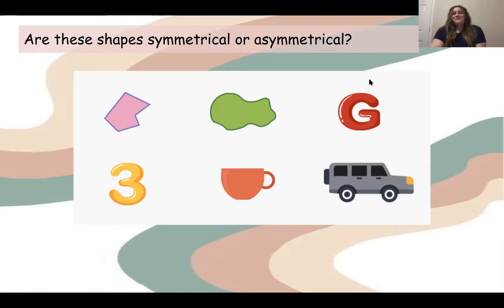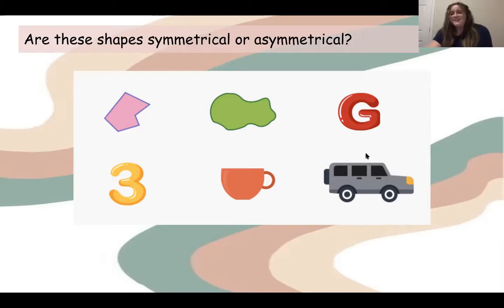All right, who wants to try with this G? All right, Winter, you want to try with this G? Do you think it's symmetrical or asymmetrical? You think it's asymmetrical? Why do you think it's asymmetrical? Because it doesn't have congruent sides whenever you use your imaginary marker. Good job. You guys are so awesome. Okay, the last picture. It's a truck, or it's not a truck.